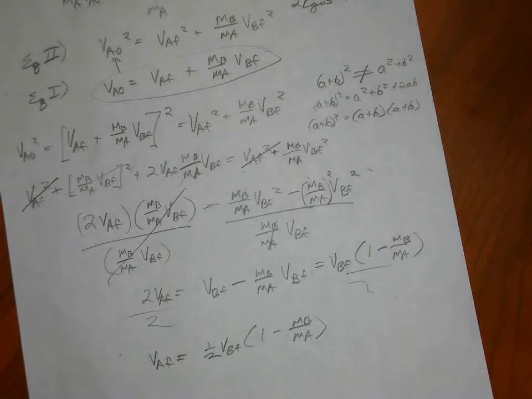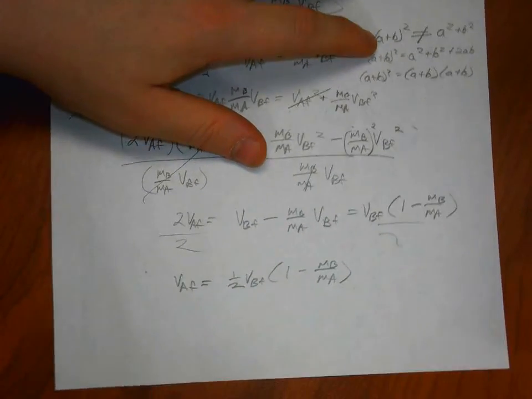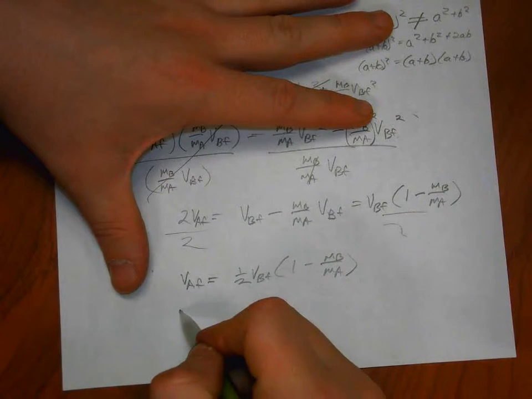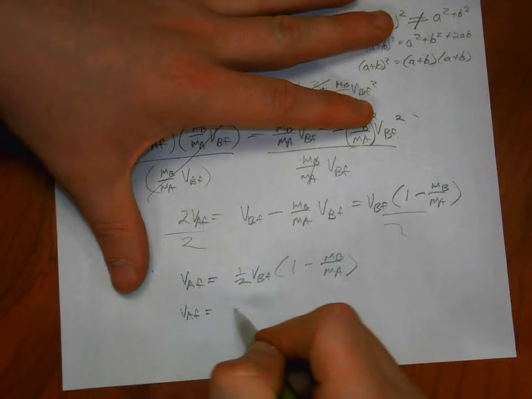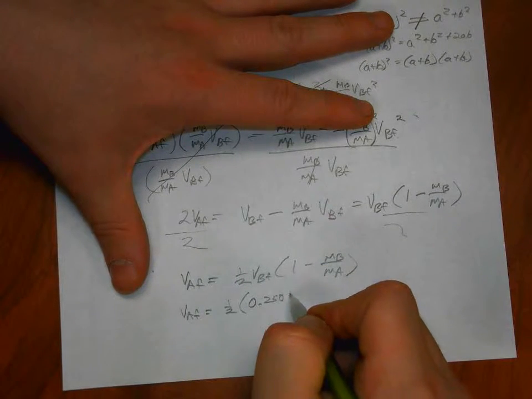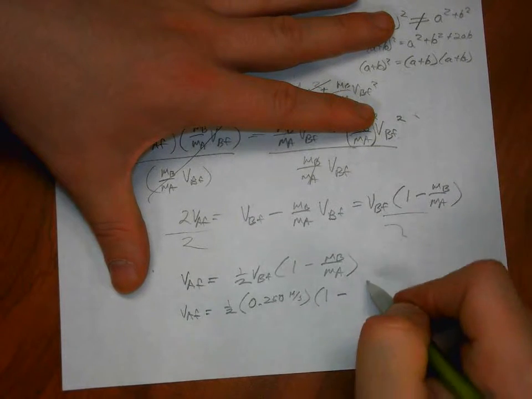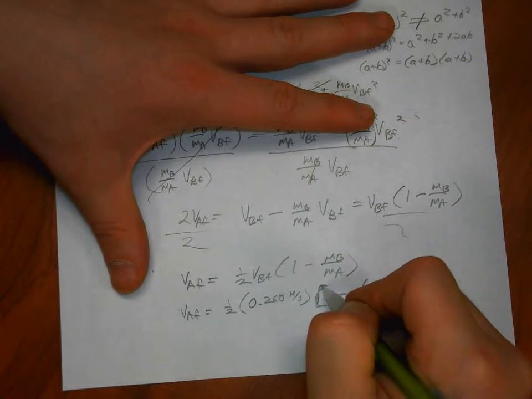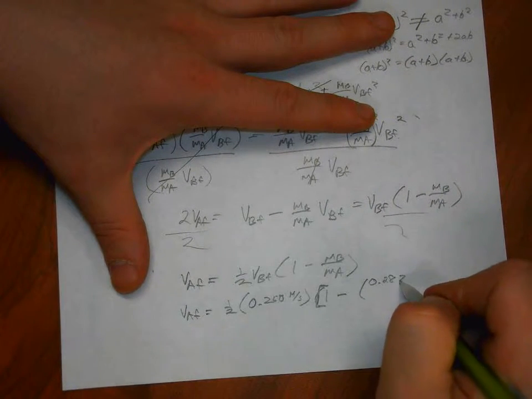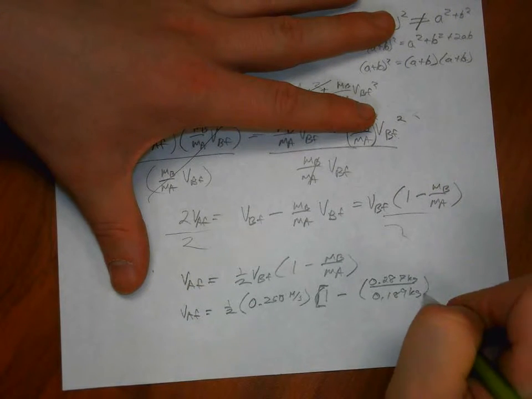All right, so we've got the expression down as simple as we could possibly get it. Everything's fine because we know everything on this side of the equation. We don't know what's on that side of the equation. So that equals 1/2 times 0.250 meters per second times 1 minus, make that into a bracket, 0.287 kilograms over 0.189 kilograms.